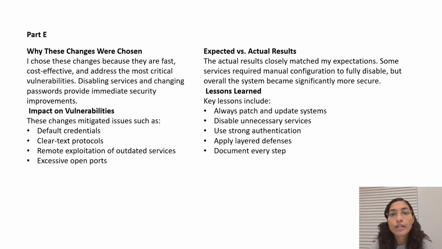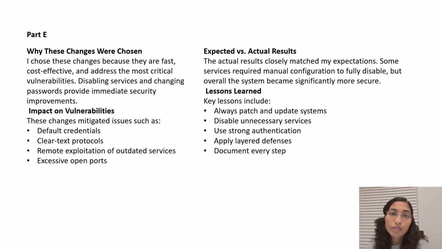These actions also reduce the attack surface right away, which is essential when dealing with a system as outdated and exposed as Metasploitable 2. These changes mitigated several high-risk issues. Removing default credentials eliminated an easy entry point for attackers. Disabling clear-text protocols like Telnet prevented credential interception.